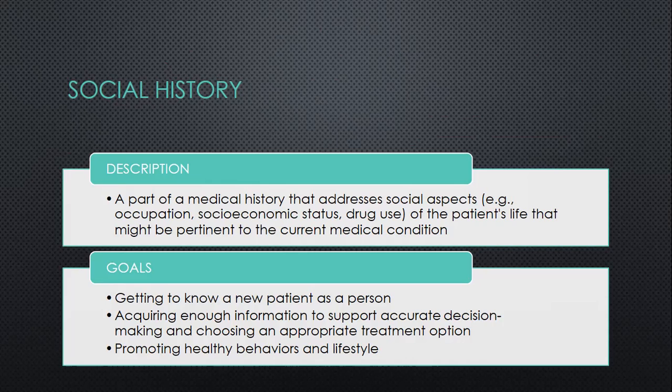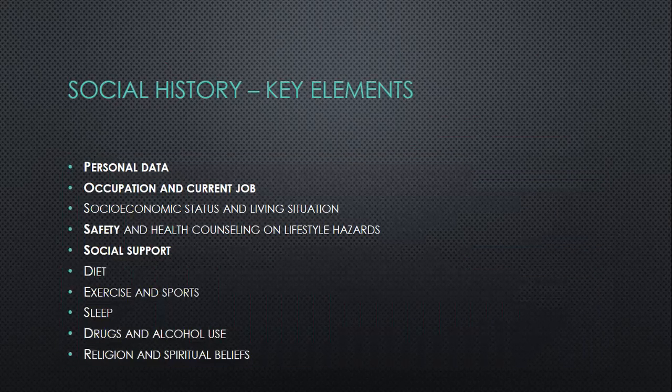So what are actually the key elements here? Personal data. For example, the place of birth, history of childhood and adolescence, level of education, and marital status. So here we have personal data, the age, and all that kind of information, right?